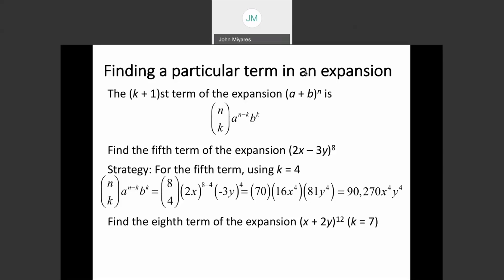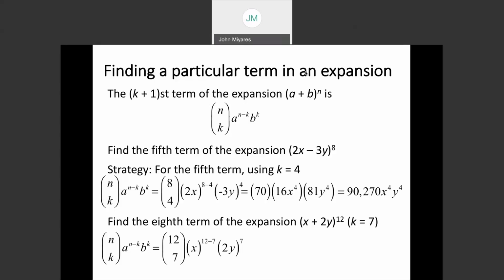So everything will be off by 1 otherwise. The formula, when applied here, will look like 12c7 times x to the 5th power times 2y to the 7th power.